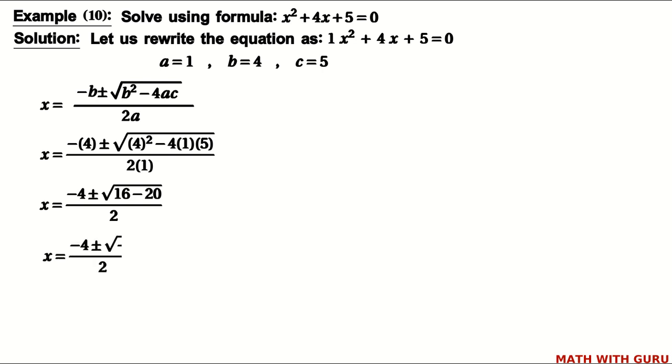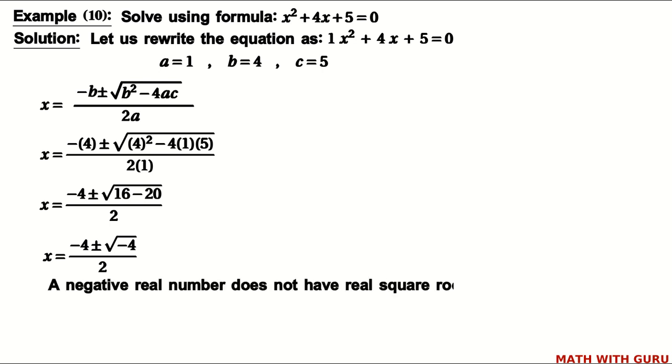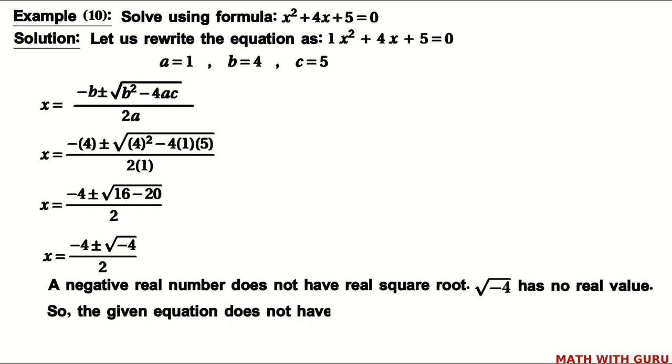X equals minus 4 plus or minus root minus 4 divided by 2. What is the value of root minus 4? A negative real number does not have real square root. Root minus 4 has no real values at all. Therefore, the given equation does not have real roots.